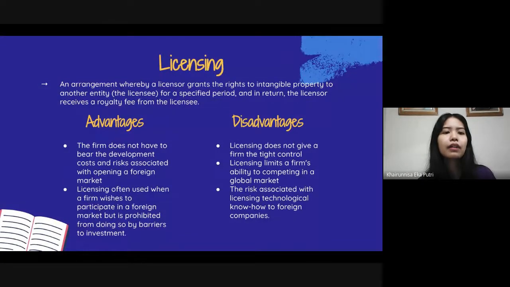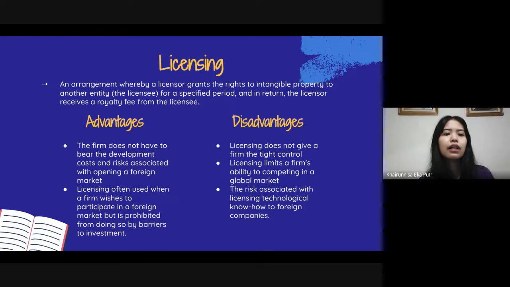Licensing typically involves each licensee setting up its own production operation. Second, competing in a global market may require a firm to coordinate strategic moves across countries by using profit earned in one country to support competitive attacks in another.